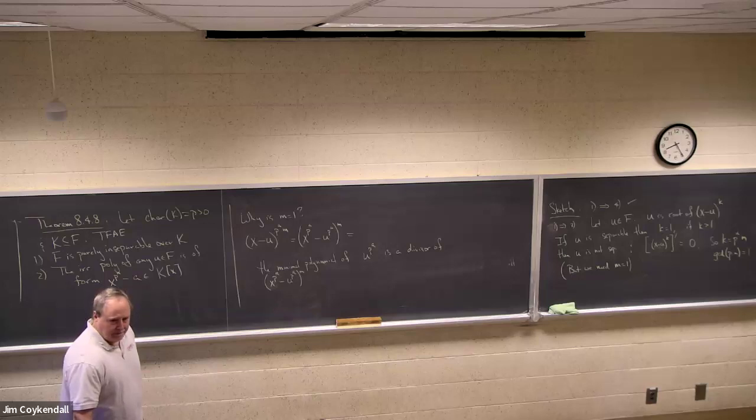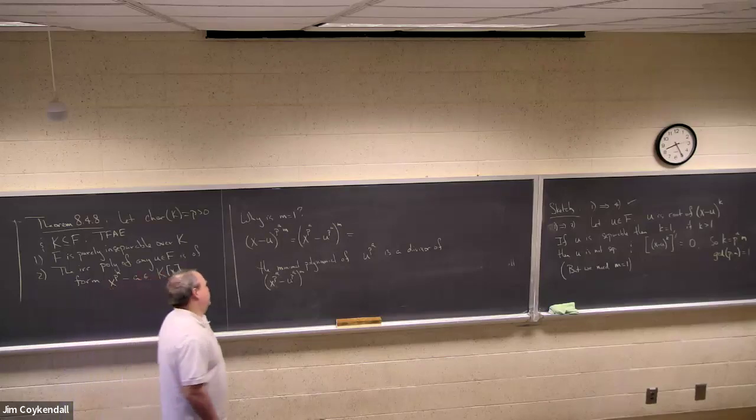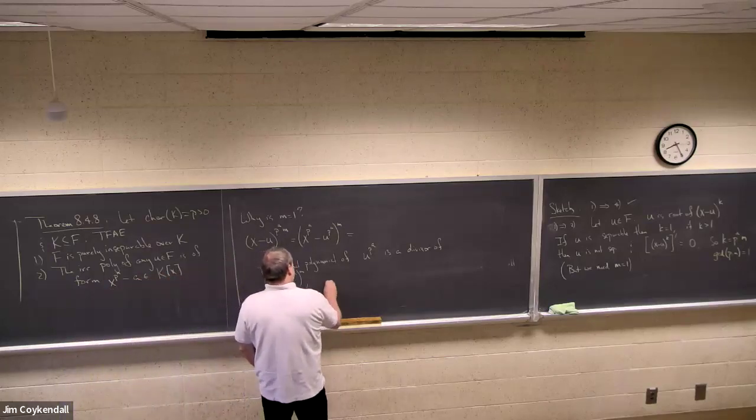Well, we're assuming the extension is totally inseparable, right? So the fact that M is relatively prime to P means that u to the P to the A is separable. The derivative of that is non-zero, right?